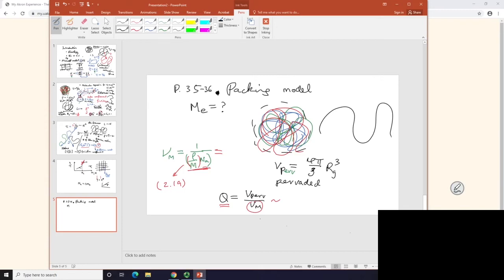So second time, I'm invoking the idea that R squared is linear in chain length. Therefore, I recognize that my physical volume should be proportional to R squared.